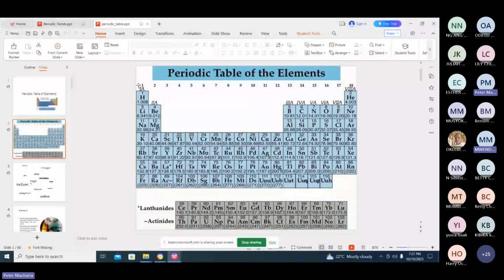Now, the first two groups are those whose outermost electrons are in the S. Then here in the middle, 10 elements are those whose outermost electrons are in the D. S has only 2 electrons, so those are 2 groups, right? D has 10 electrons, so those are 10 elements, right?